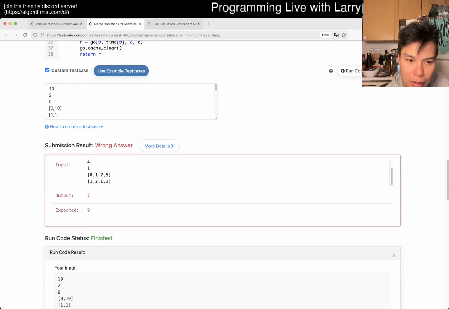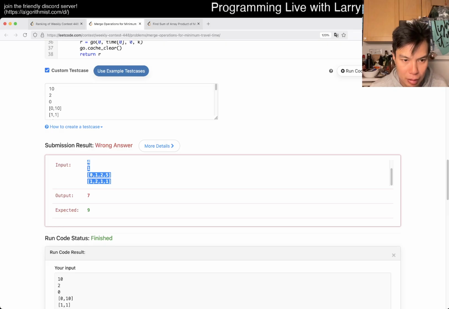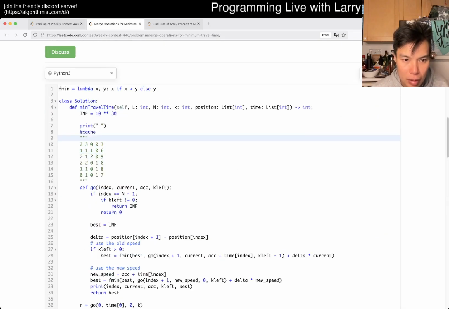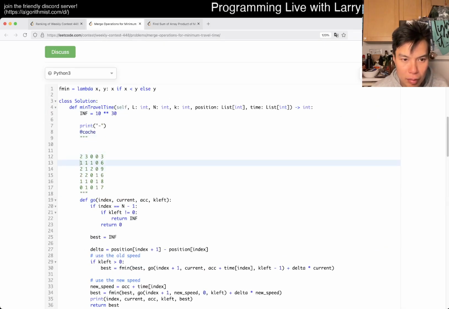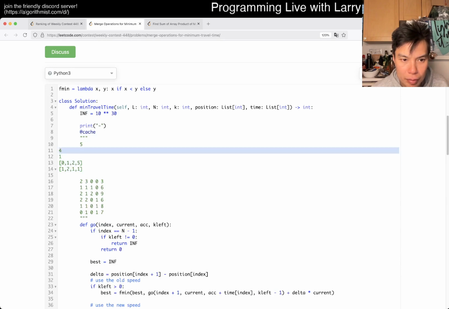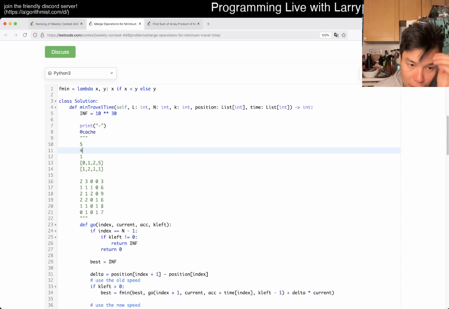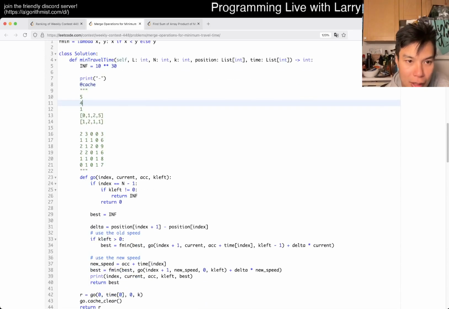Current... let's just put this in. Okay, so this is index 1. Current speed is 1 from the previous. Okay, that's fair. The accumulating is 1. The accumulating is wrong.